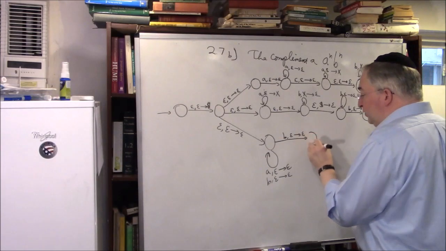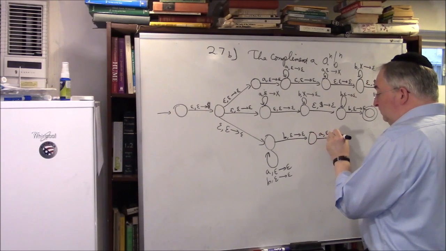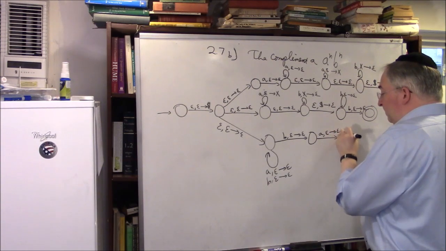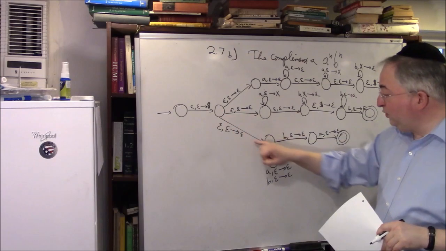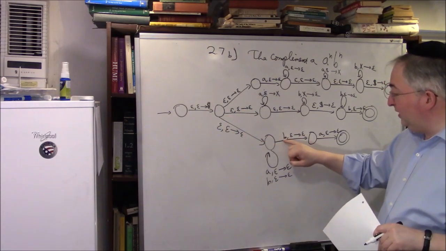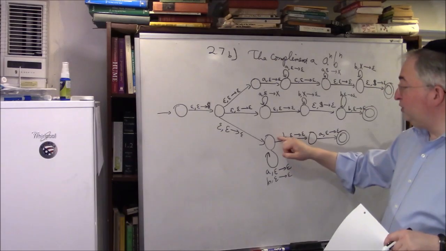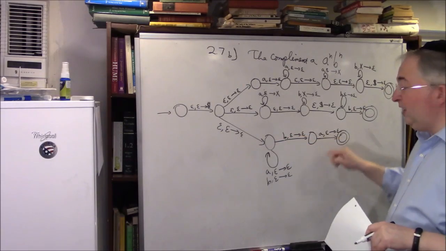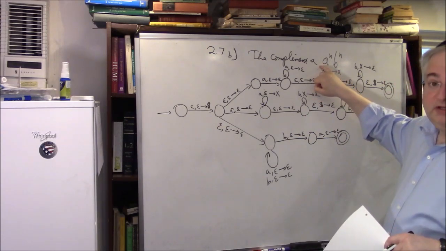Okay. What I'm doing now is, if you go along and you see a B, could be it's a regular B, you don't have to do anything, but it could be it's the beginning of BA. The minute you see a BA, that means it's in the complement of this thing.